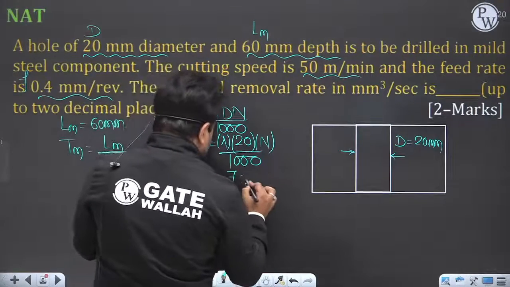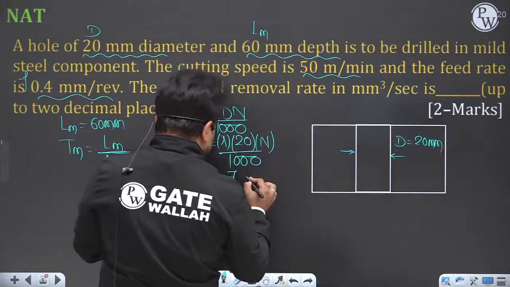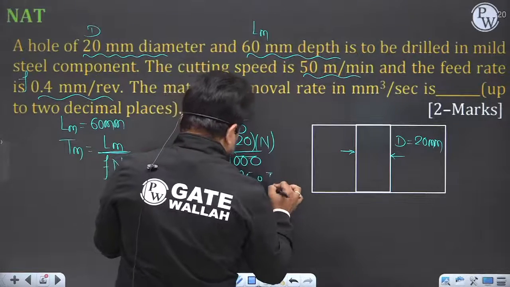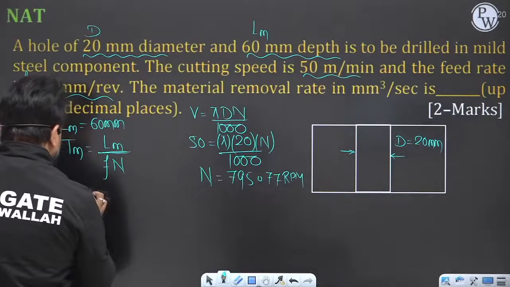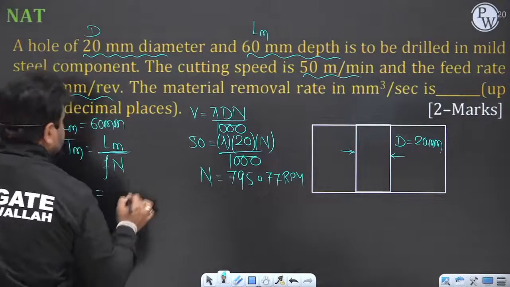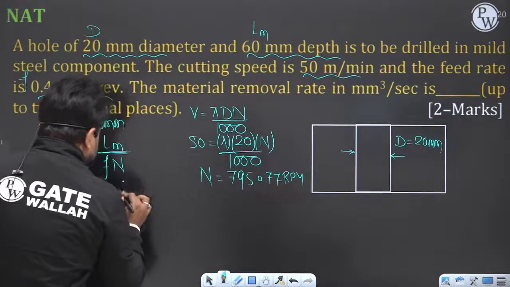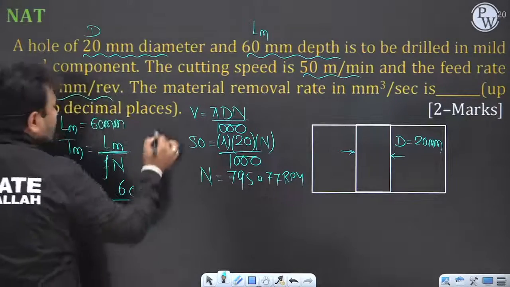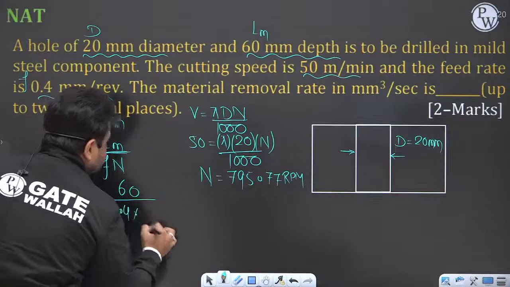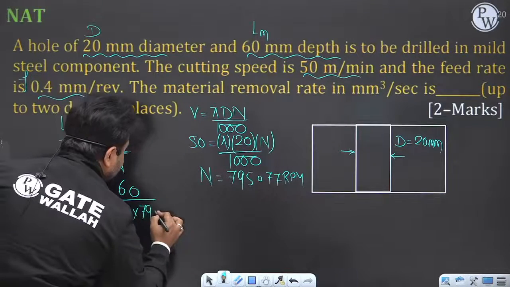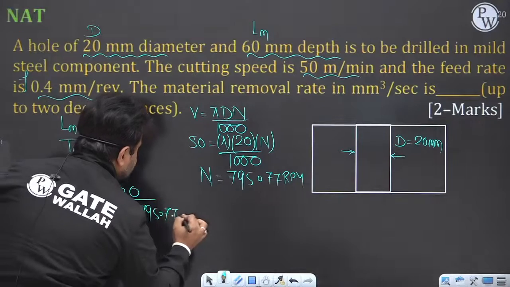So here the number of RPM is 795.77 revolutions per minute. Machining time: LM, that is 60, F, feed rate, that is 0.4, into 795.77.